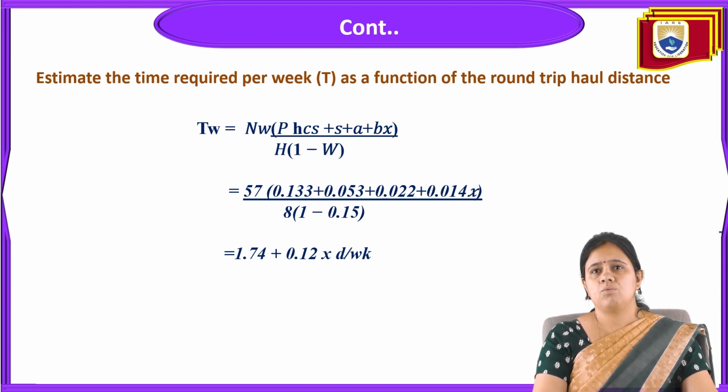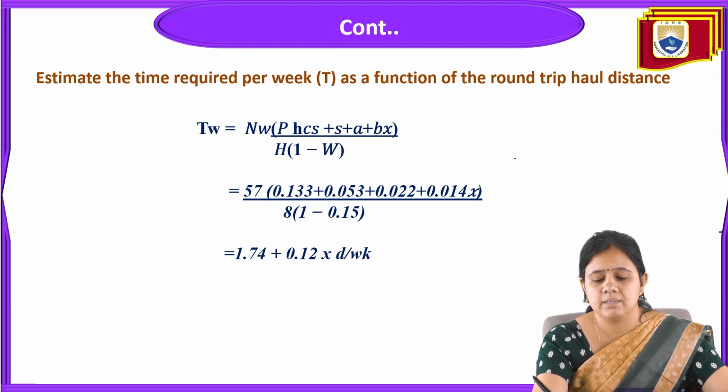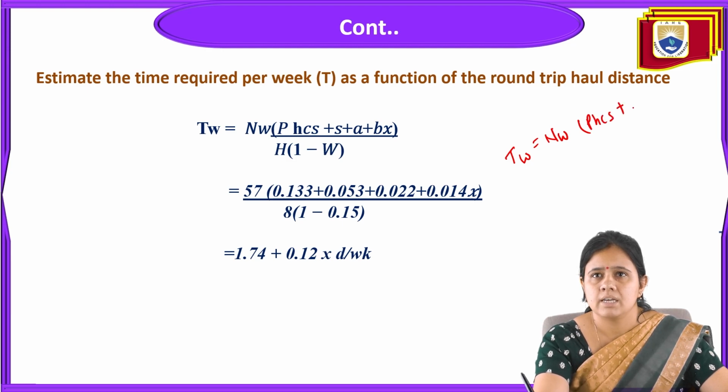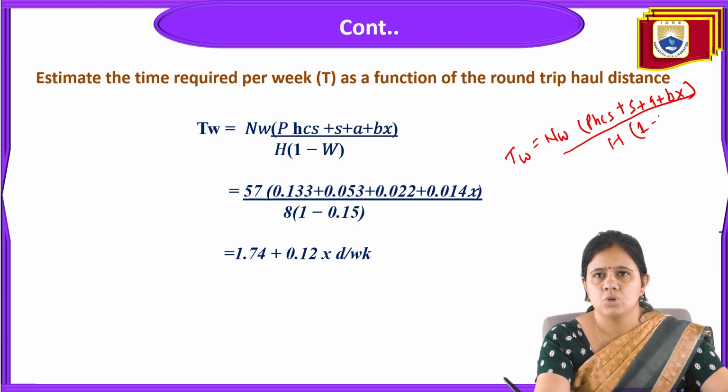For this, we are using the formula TW is equal to NW, the number of trips, times PHCS plus S plus A plus BX, divided by H times the bracket 1 minus W. NW we have already calculated as 57 trips. PHCS we already calculated: 1.3133 plus 0.53 plus 22 plus 0.014x.